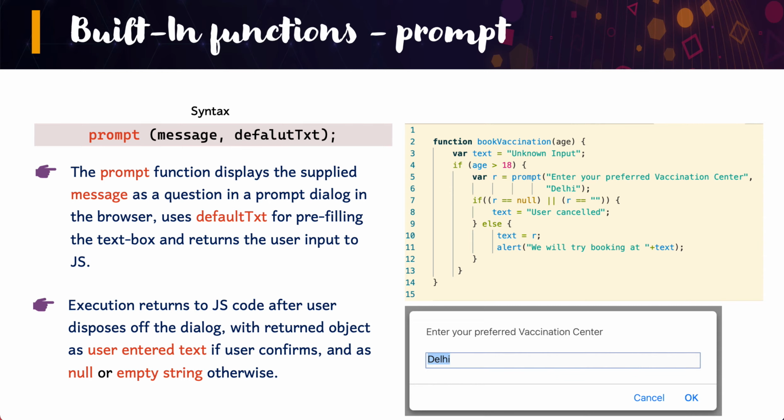That is a prompting dialog box. These three dialog boxes are primary means of adding a little bit of interactivity to the user by asking questions, by asking user to make a choice, or by asking user to give some input.